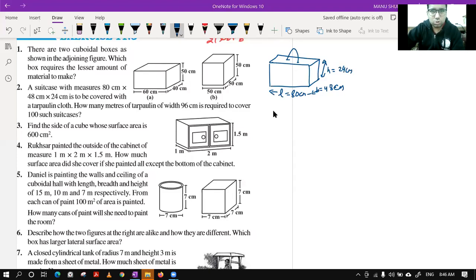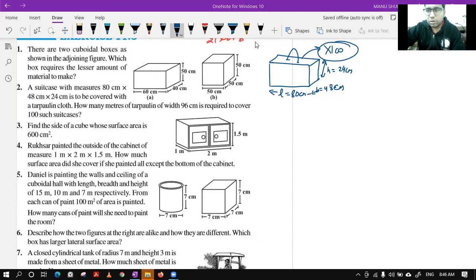So this is the suitcase that they have. Now there are 100 such suitcases, and you have to purchase this tarpaulin cloth for covering these.